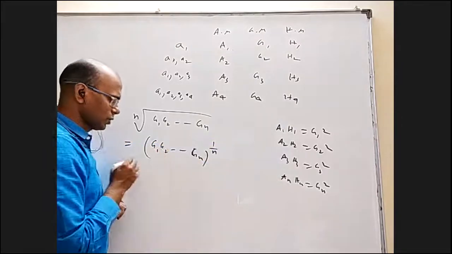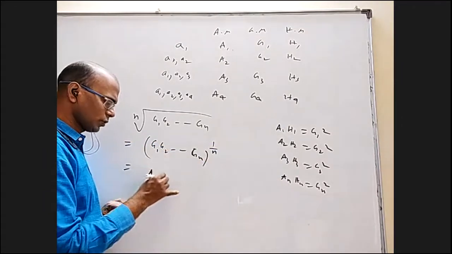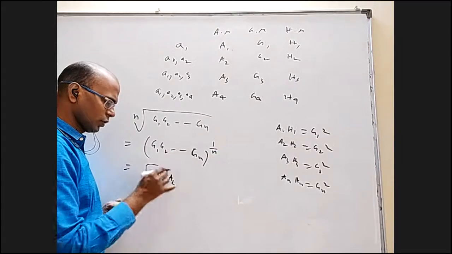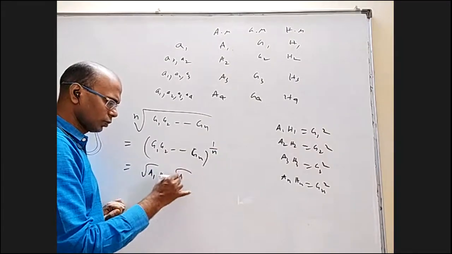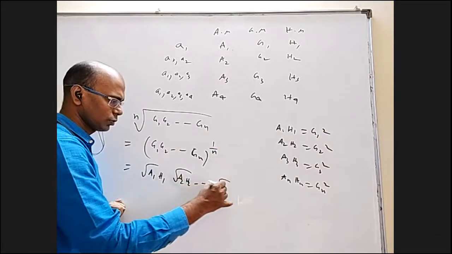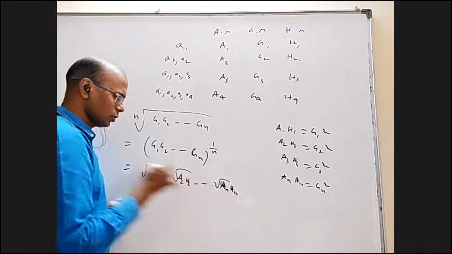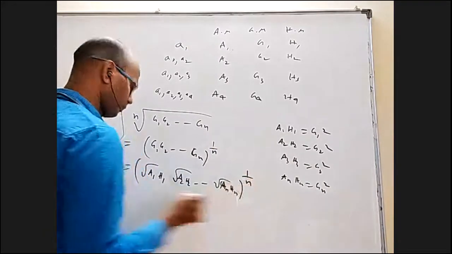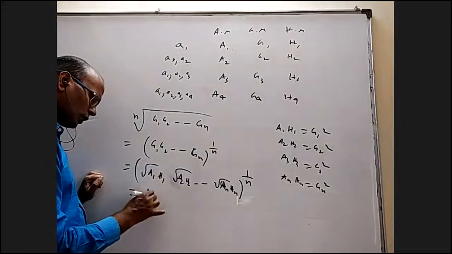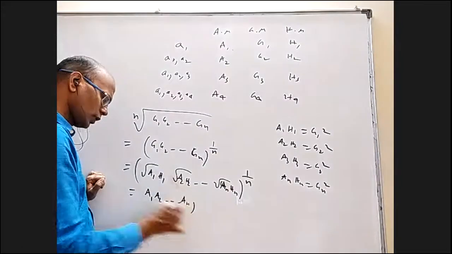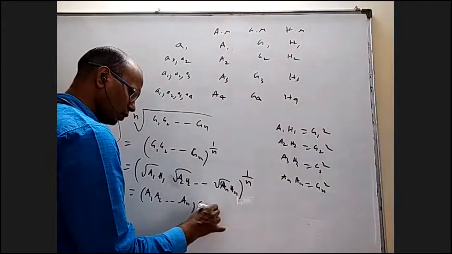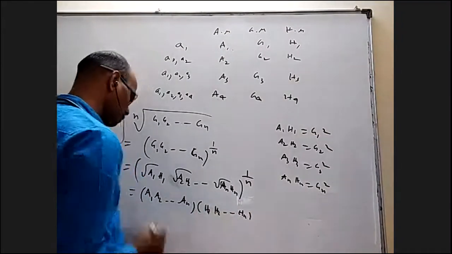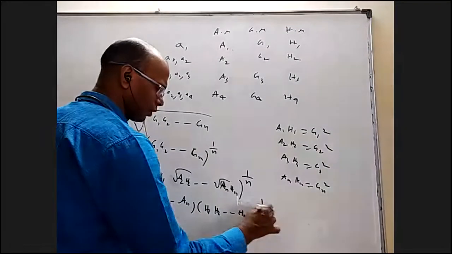By substituting all these, it is going to come root A1 H1, root A2 H2, so on up to root An Hn, whole power 1 by n. When I remove these roots, we'll get A1 into A2, so on up to An, H1 into H2, so on up to Hn, whole power 1 by 2n.